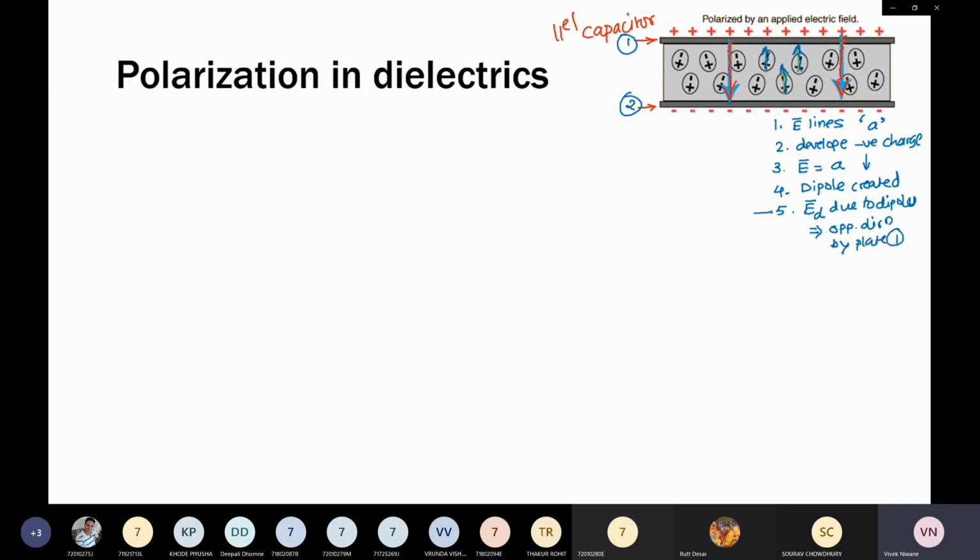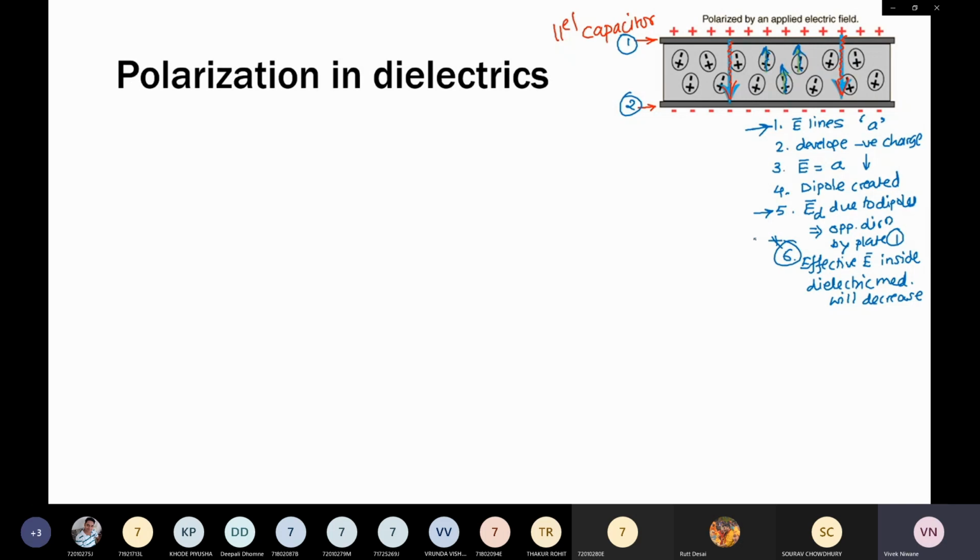So looking at point number 1 and point number 5, I can say that there is some sort of cancelling effect. Since both electric fields have opposite direction, the effective electric field inside the dielectric medium will decrease. Very important observation, due to creation of the polarization.